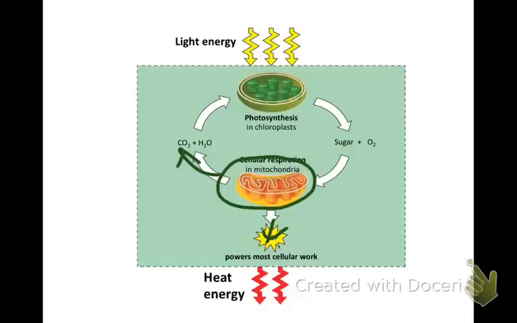And what you'll see is that the two are complements of each other, where photosynthesis's products become the reactants for cellular respiration, and the products of cellular respiration become the reactants for photosynthesis.